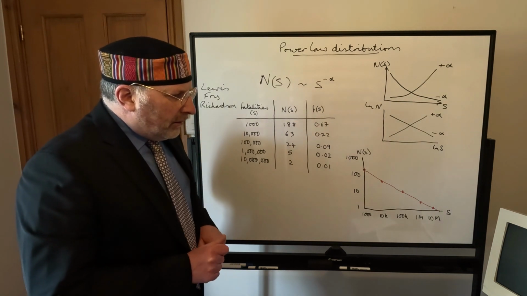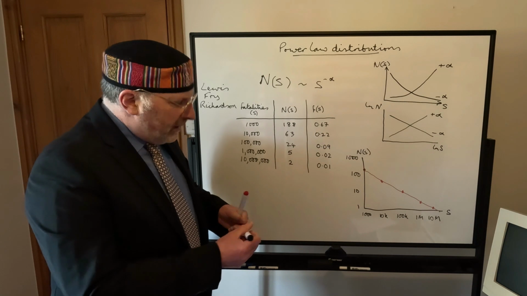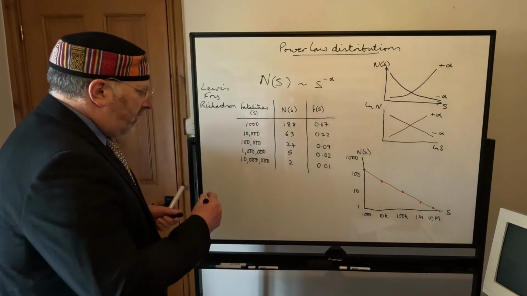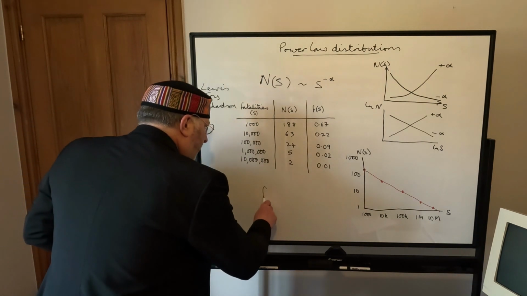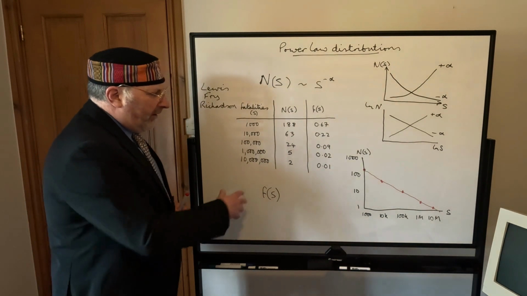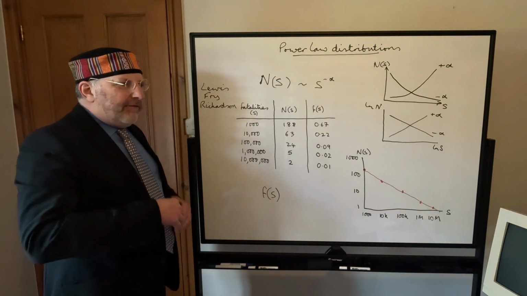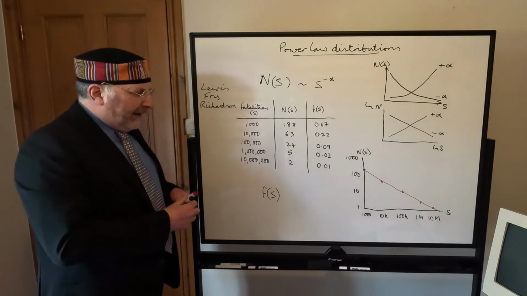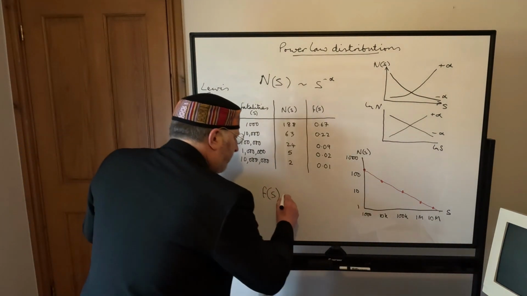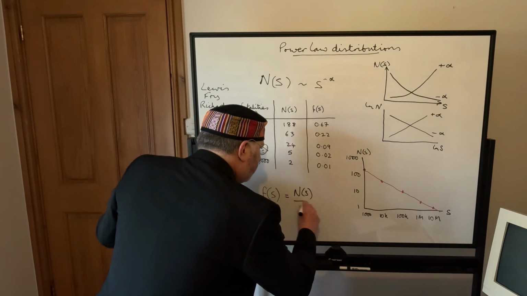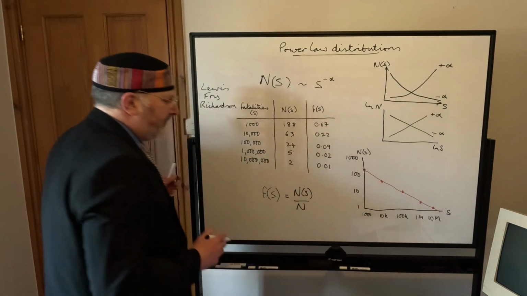And we can also consider, instead of the number of S, the frequency of a particular size. So the frequency of a particular size is the fraction of wars, in this case, that were of that size. So it's the number of that size divided by the total number.